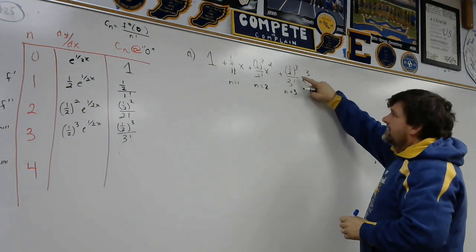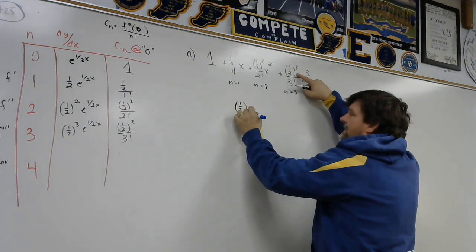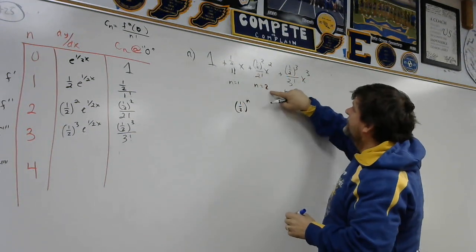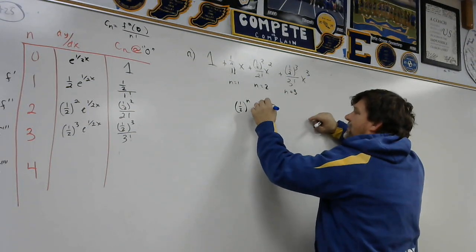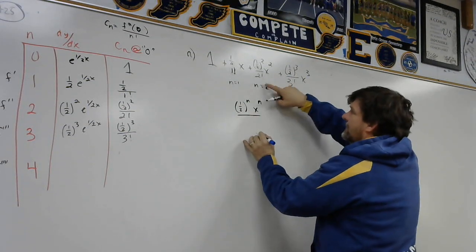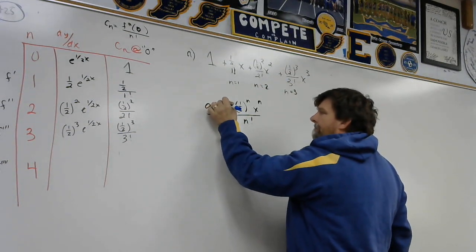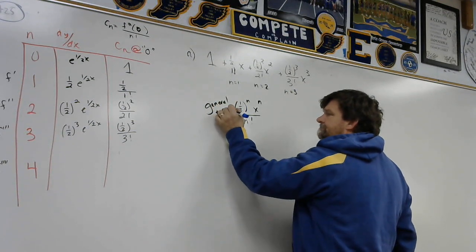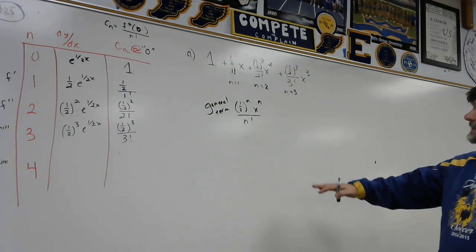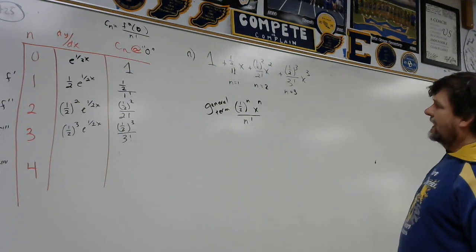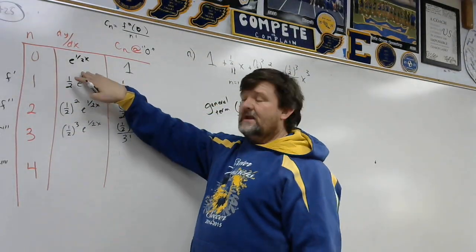So now we kind of clean it all up, and we can write it a couple of different ways, but I'm just going to say it's 1/2 to the nth power times x to the nth power over n factorial. That's my general term. You can probably write it a little bit differently, but that still works across the board. So there's my general term for my Taylor polynomial of e to the 1/2 x.